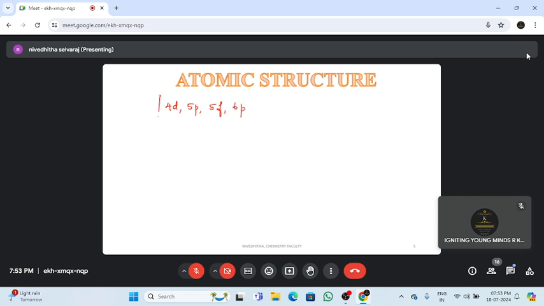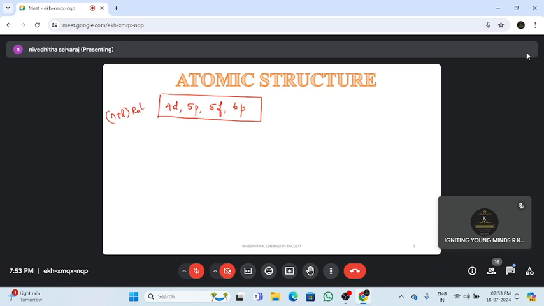I have 4 different orbitals and I want you to arrange these orbitals in the order of decreasing energy. And what is the rule? We have to follow this n plus l rule.